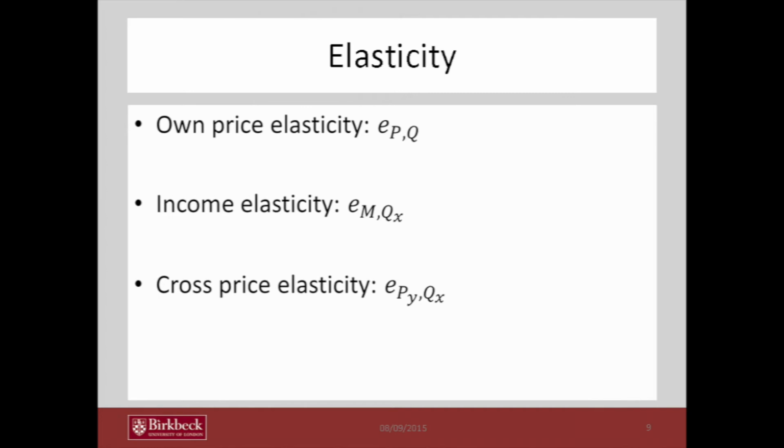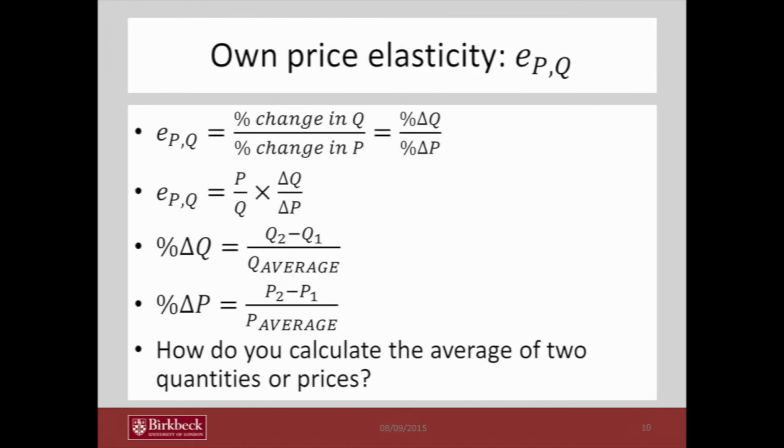Now, as I mentioned on the previous slide, negative numbers come into elasticity quite a bit, so let's see how we can use the negative numbers in elasticity calculations. There are a few ways of calculating elasticity. The own price elasticity is calculated by the percentage change in quantity divided by the percentage change in price.